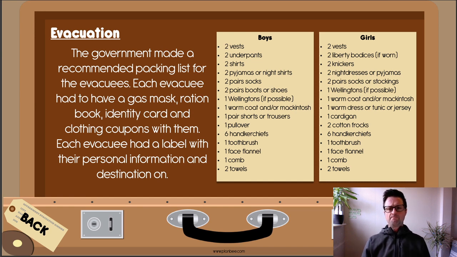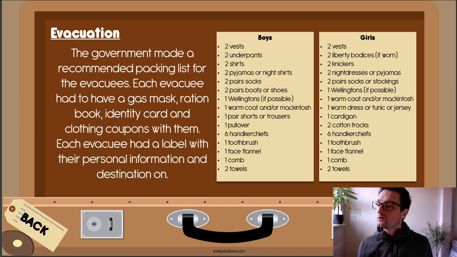At the time, the British government were very afraid that some of the bombs might contain poisonous gas or something else that could harm people. And so everybody had a gas mask, which they had to carry at all times. And when there was a bombing raid, they had to quickly get their gas mask on to make sure they were safe. Can you imagine how scary that must have been?